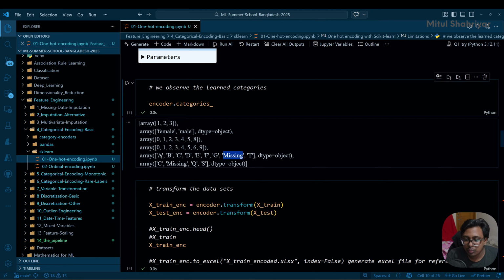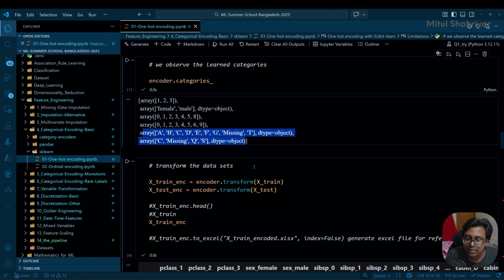That means we had A, B, C, D, F, G, and so on, right? When we had any missing data, we added this missing string there. That made it basically a unique label, right? And for here, there was some missing as well. So you can see only for these two columns we had this missing data. Great, no problem. Now we are happy with it.